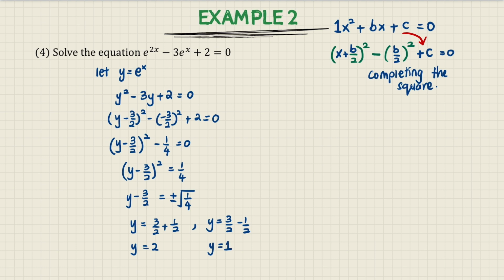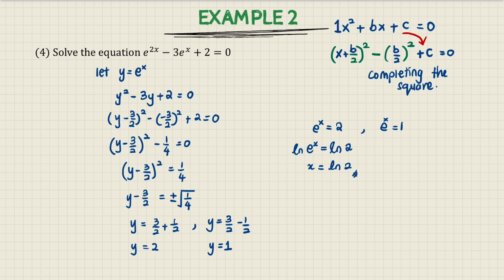Lastly, substitute back: e power of x equals to 2, and the other one e power of x equals to 1. So how do we remove e? By taking ln on both sides. So ln e power of x equals to ln 2. Ln e to the x becomes x, so x equals to ln 2.